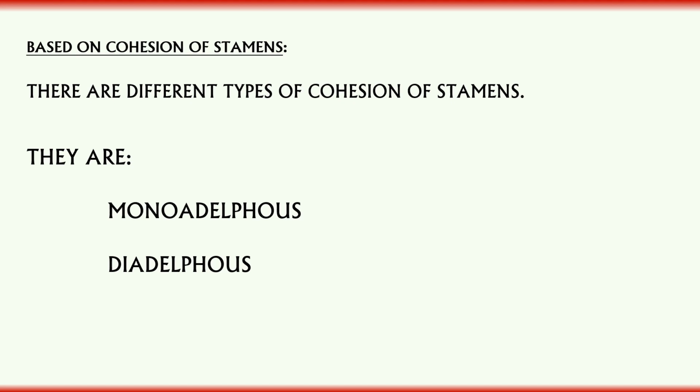Example: pea, bean. Polyadelphous. Filaments of all the stamens are fused to form more than two bundles. Example: citrus.